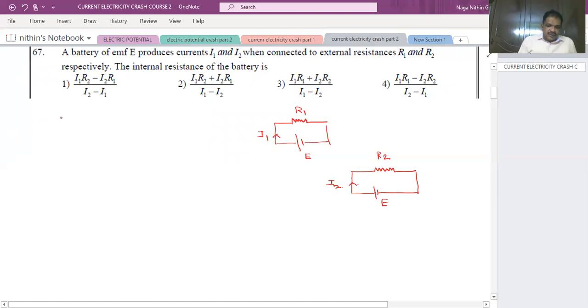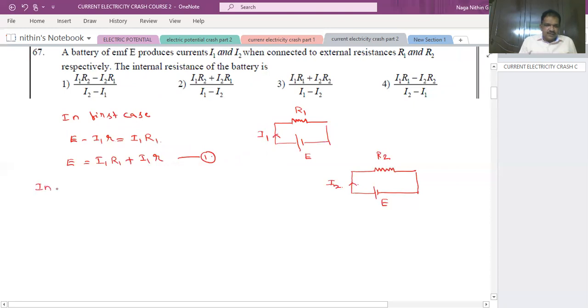In the first case, E minus I1 into r is equal to I1 R1. So E is equal to I1 R1 plus I1 r. Let it be equation 1.